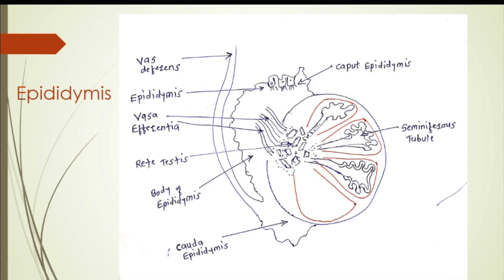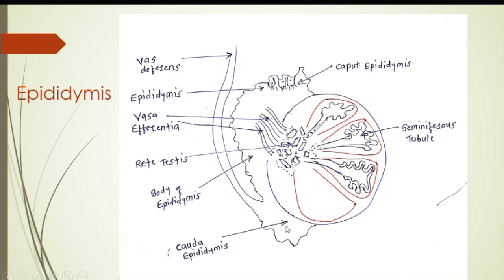It is a coiled structure. The epididymis is divided into 3 regions. The first part is called the caput epididymis, or the head of the epididymis. Then the middle part is somewhat narrow and is called the body of the epididymis, or corpus epididymis.